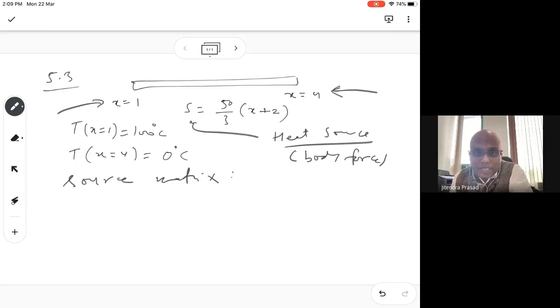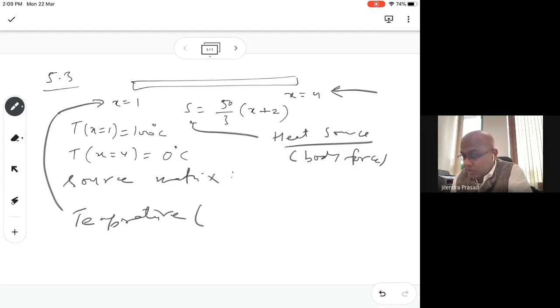You are given a temperature, right? At both the places. So you are given T1 at x equal to 1, and also given the temperature at x equal to 4.